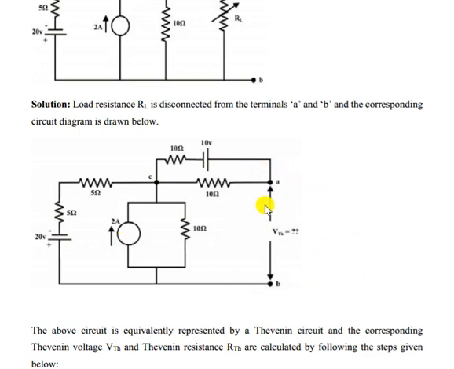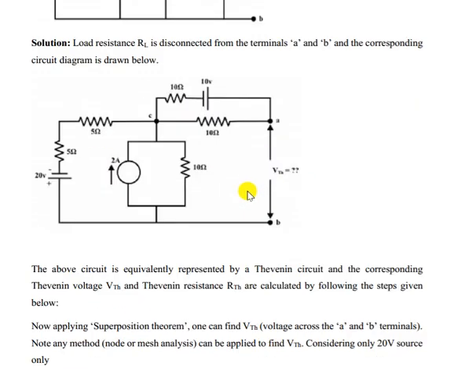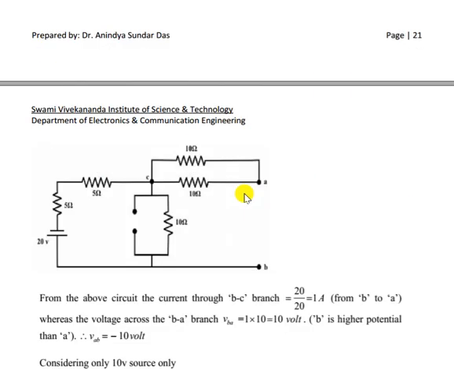Then the algebraic sum will give you the voltage with these three combined sources. That is called the superposition theorem.